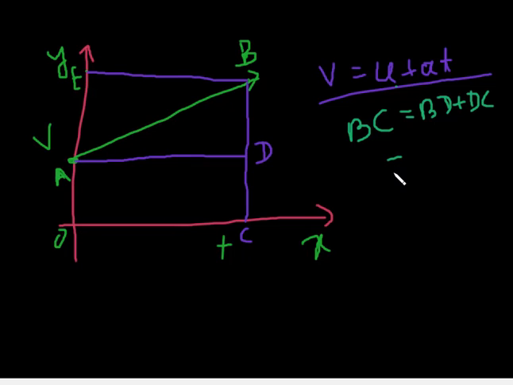So BD can be written as EA and DC can be written as OA.